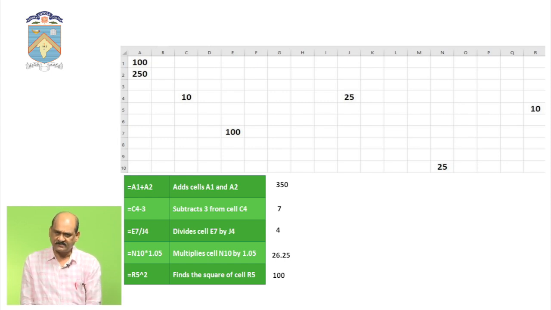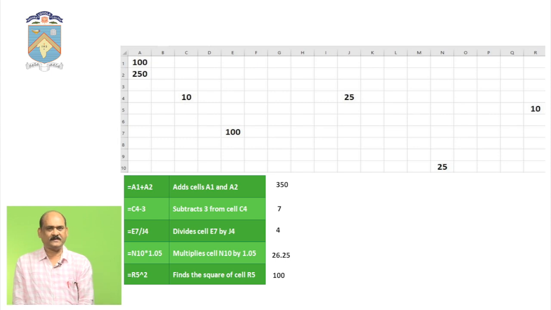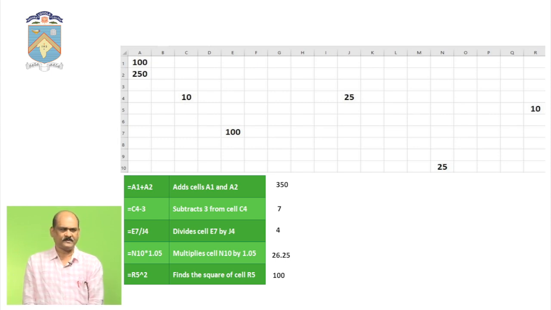So, a user is supposed to type all the signs: equal sign, A1 plus A2. Of course, A1 and A2 can be selected on the worksheet and Excel takes them from the clicks of the user.